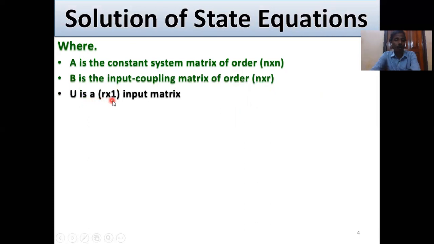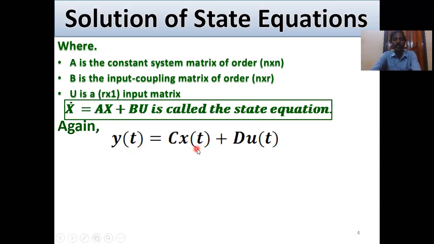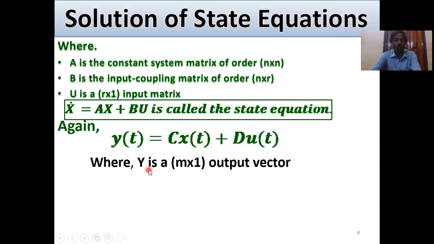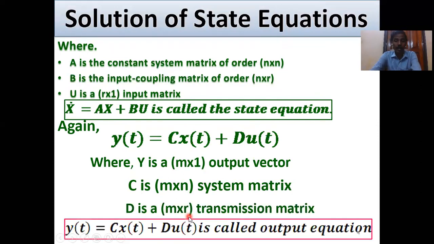U is an r cross 1 input vector, and x dot of t equals Ax of t plus Bu of t is called the state equations. Again, y of t equals Cx of t plus Du of t, where y is the m cross 1 output vector, C is an m cross n system matrix, D is an m cross r transmission matrix, and y of t equals Cx of t plus Du of t is called the output equations.